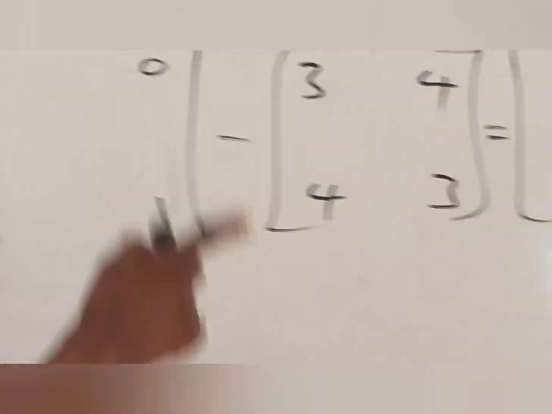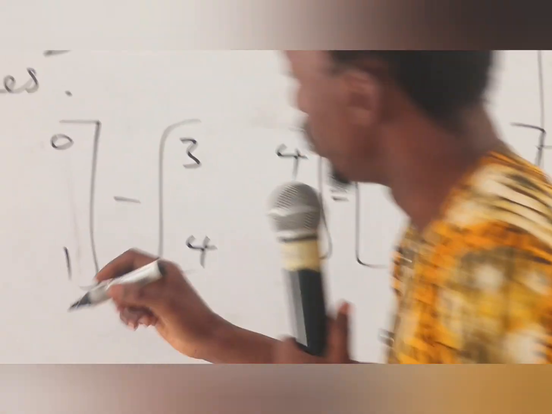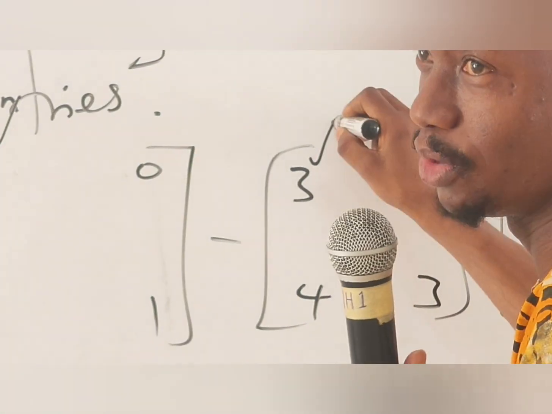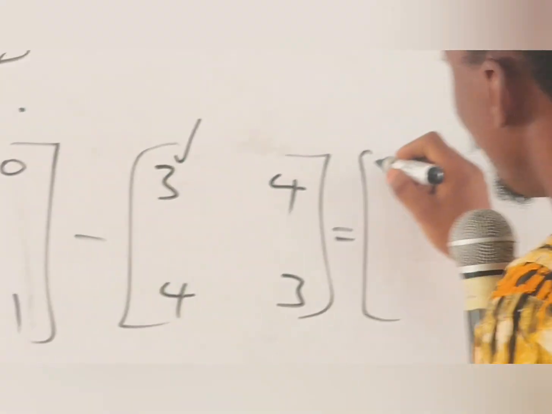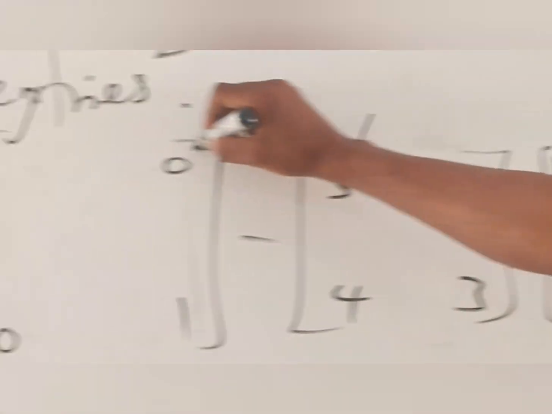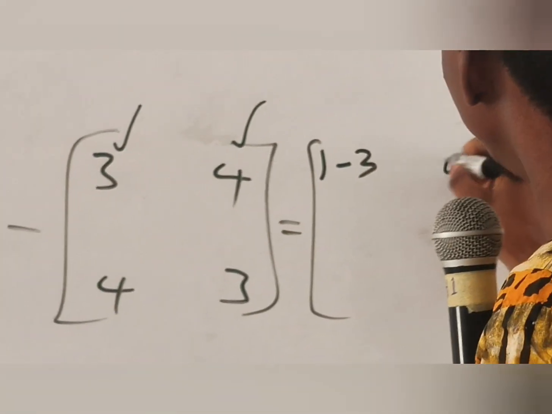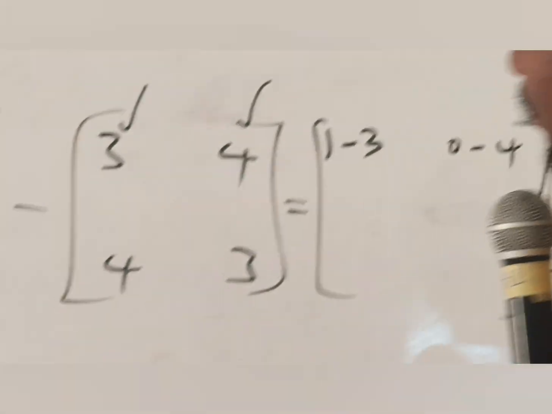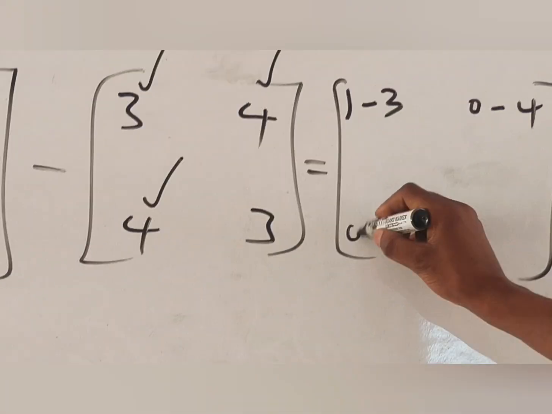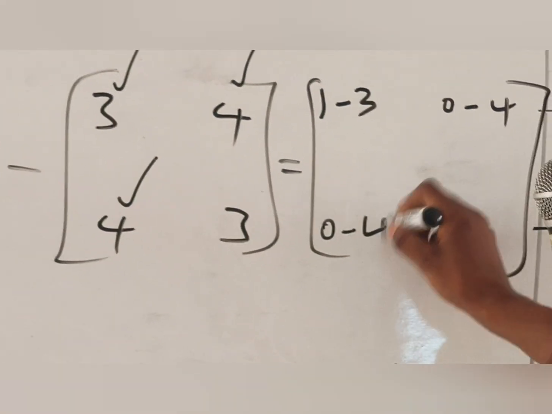Okay, so let's do the subtraction. We said the component of this is top left. Can you all see? So top left is 1 minus what? 3. Top right, 0 minus what? 4. Bottom left, 0 minus what? 4.